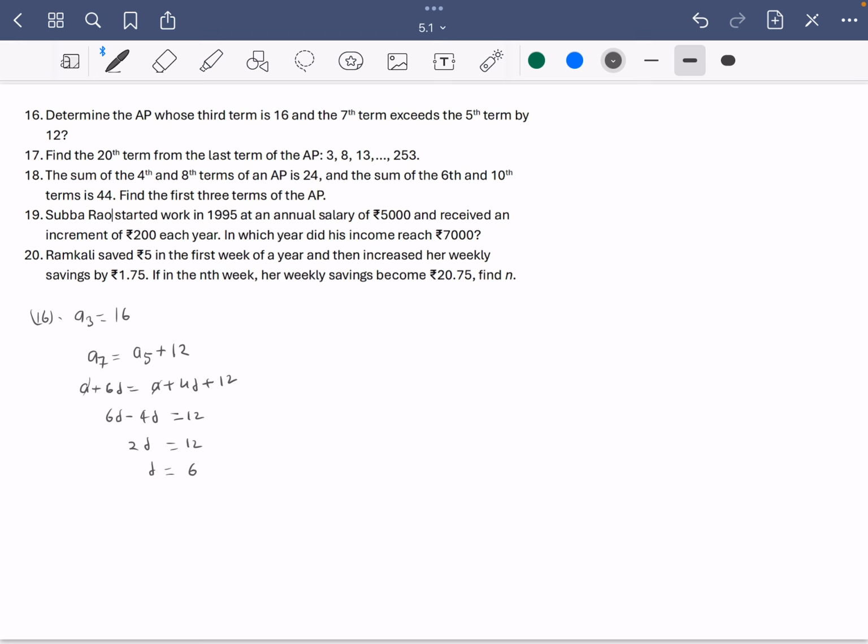Now you have to find out a. If you look here at a3, this one is given 16. So a3 is a plus 3 minus 1, 2 times d, which is 6. a plus 2 times 6 is going to be 6. a is going to be 6 minus 12, that is negative 6.